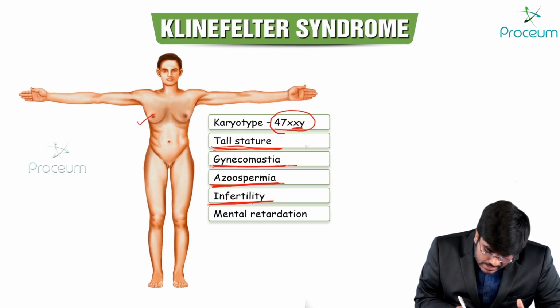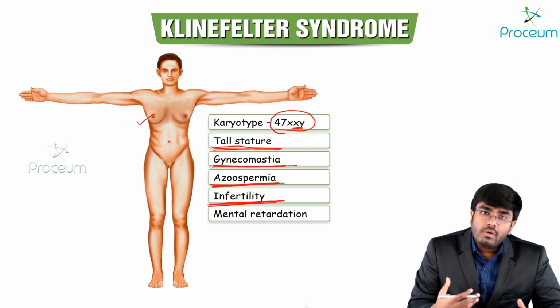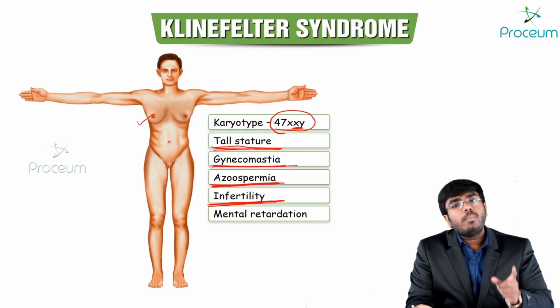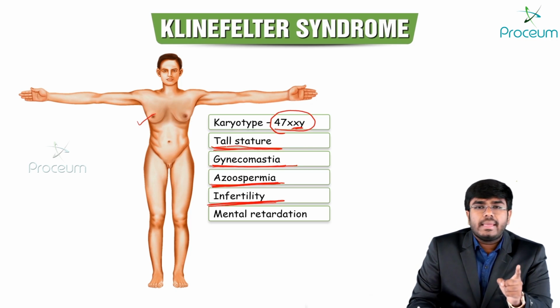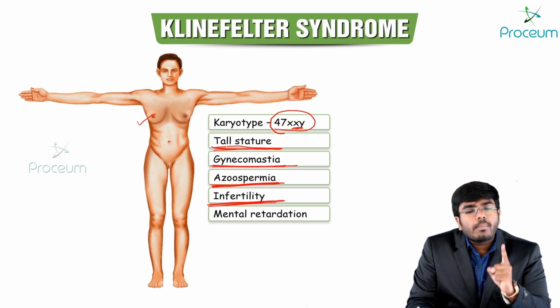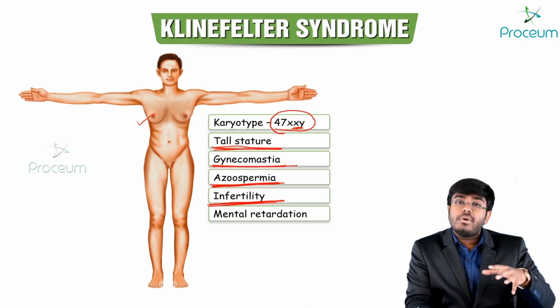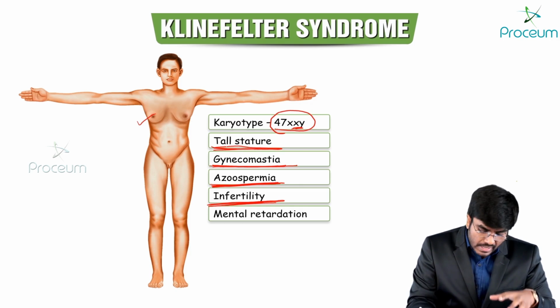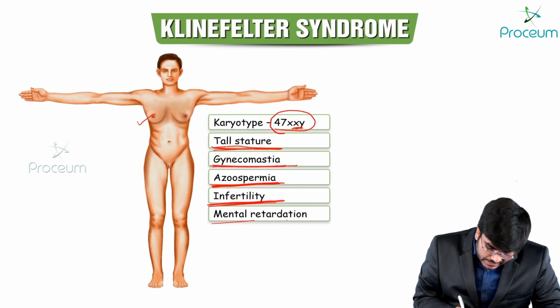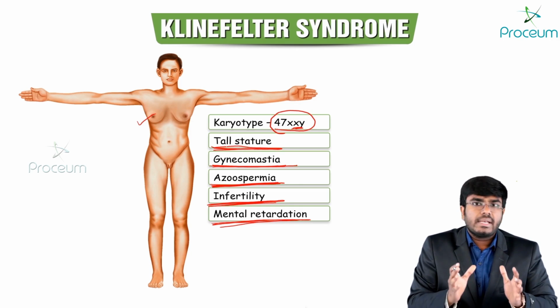Because of this azoospermia, the male can have infertility. The important point is that a Turner female has normal intelligence. She has a normal IQ. But a person with Klinefelter syndrome will present with mental retardation. So these are some important points about Klinefelter syndrome.